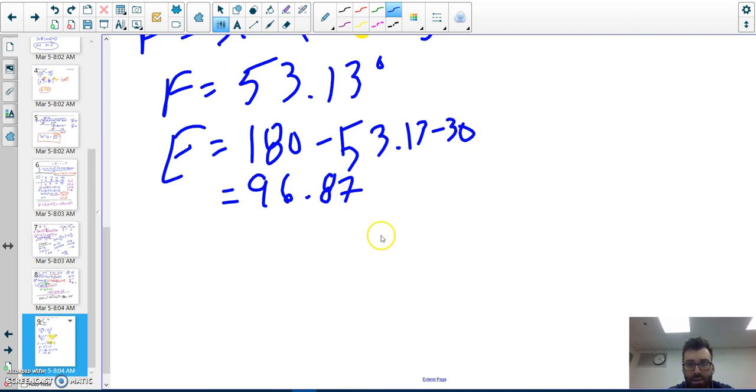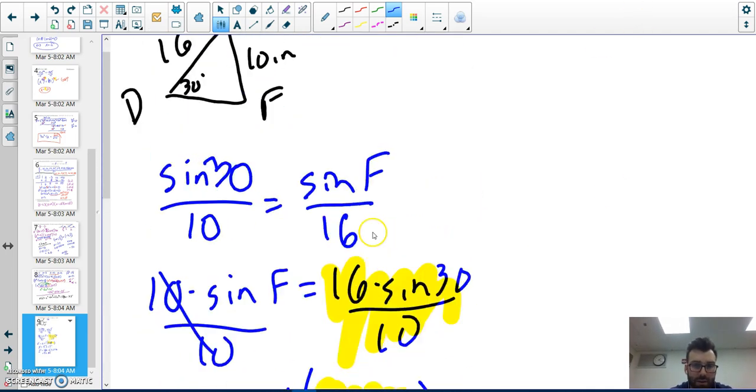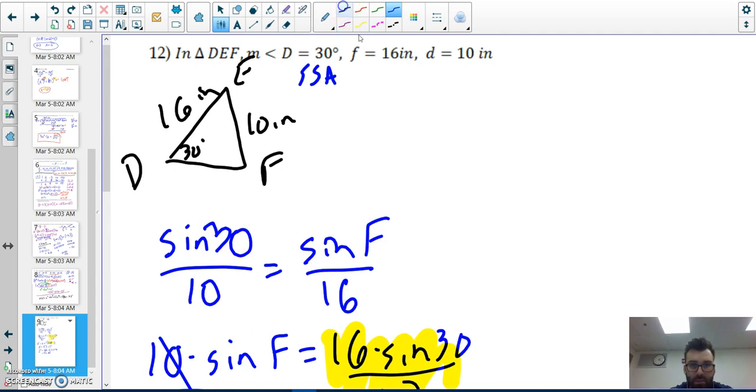Okay. I realize now I'm going to have to find another triangle, but I also have to find my side E as well. I'm going to circle back to that in just a minute.